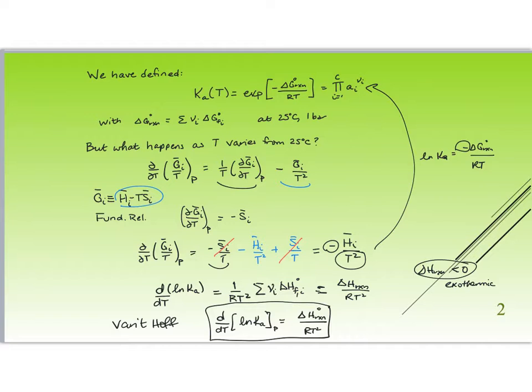If you look at this, what that's going to tell me is that as Ka decreases, the temperature needs to increase. If the heat of reaction is positive, or an endothermic reaction, as Ka increases, temperature also will increase.